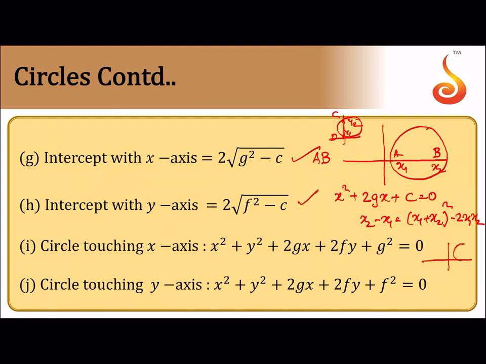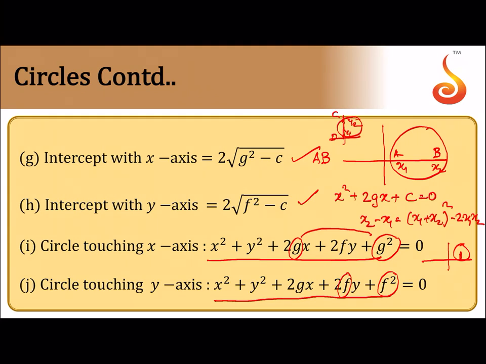Circle touching x-axis: x square plus y square plus 2gx plus 2fy plus g square. Touching y-axis: x square plus y square plus 2gx plus 2fy plus f square. So, very important: if it is g square and this is g, then we say touching x-axis, and if this is f square and this is f, touching y-axis.